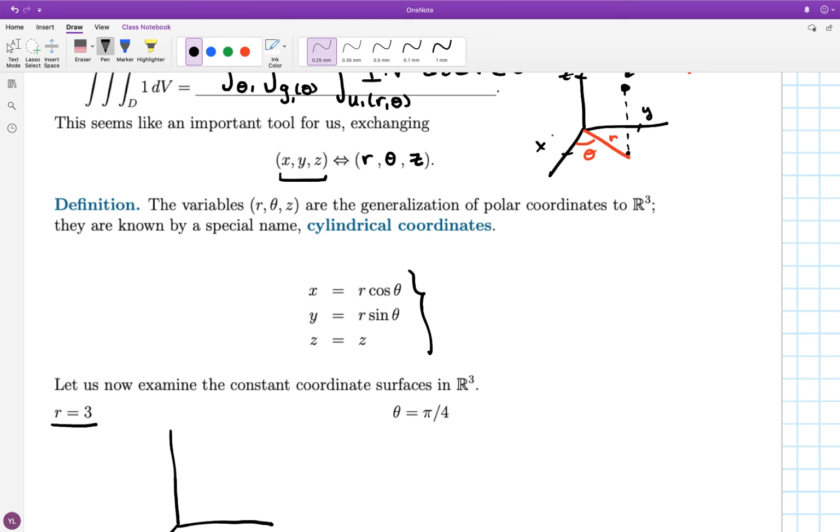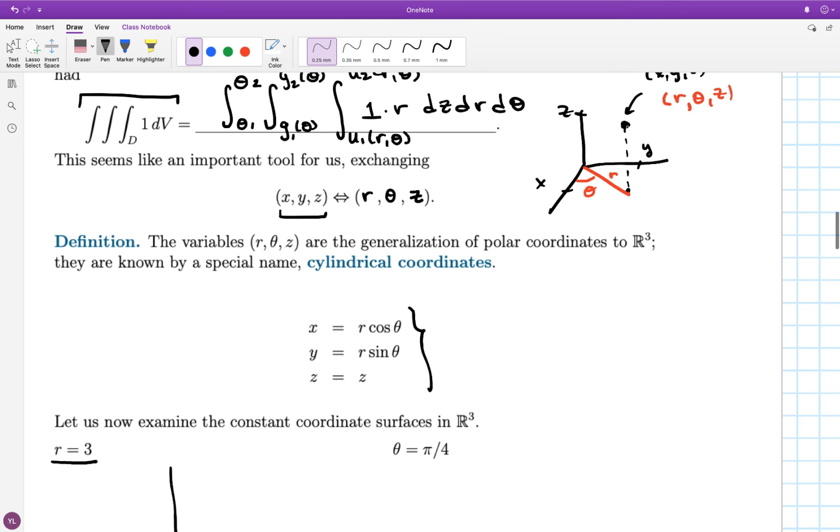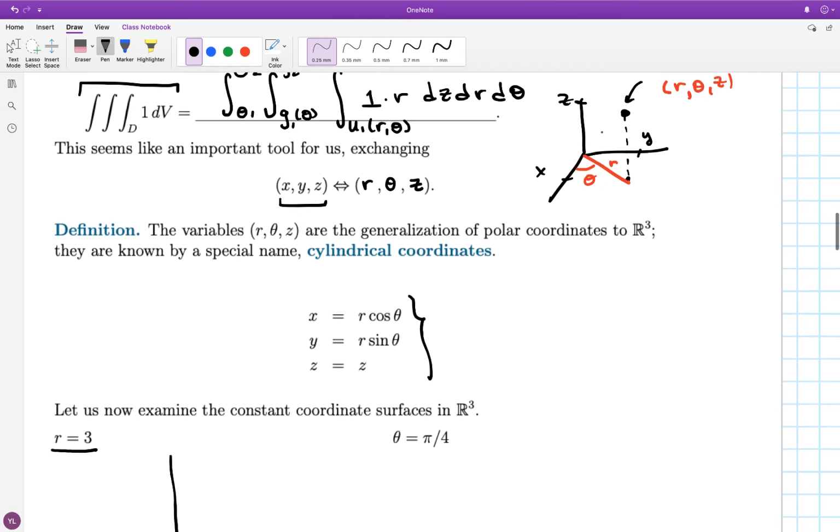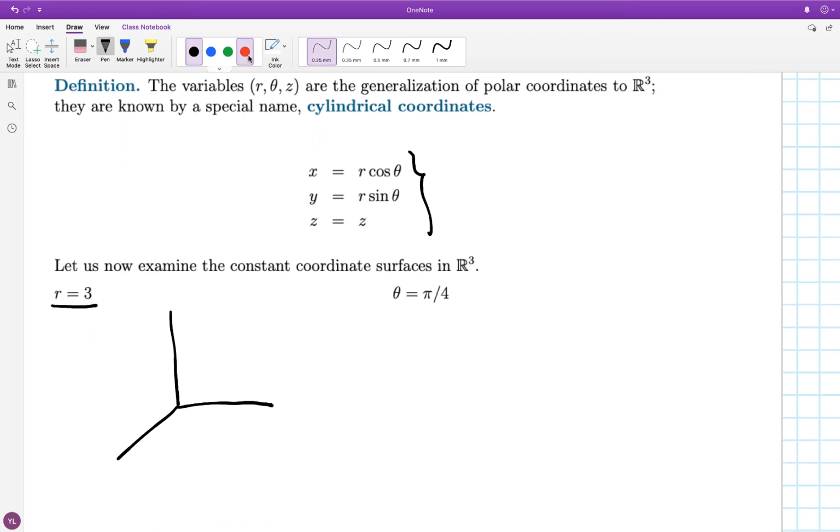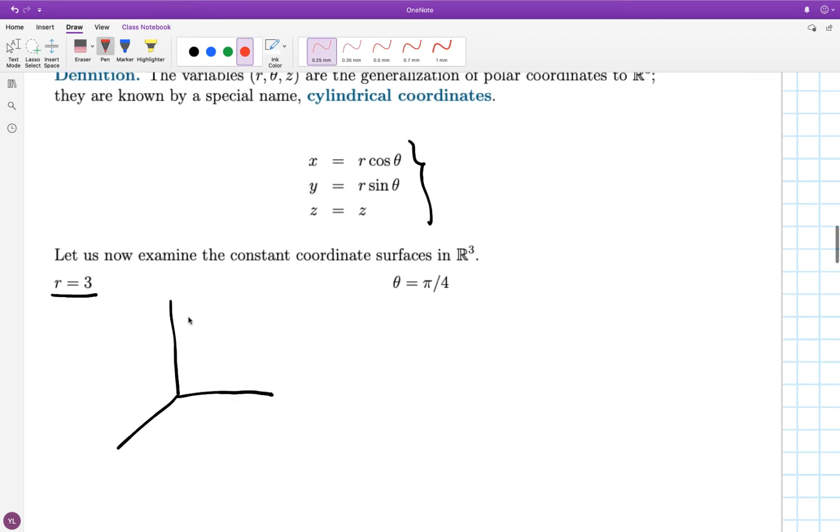Well, in the xy plane, you're going to get a circle for sure. And then up here, this point would be a distance of 3 to the z-axis, making its r value also 3. So it's a circle at any height. Well, that's a cylinder, right? So r equals 3 is all of the points on the surface of this cylinder that has a radius of 3. So let's get this marked a little bit better.